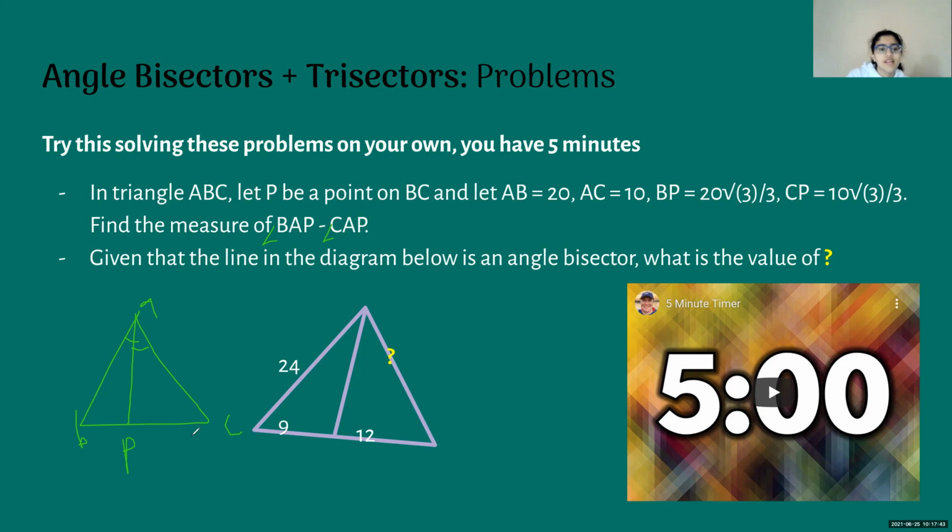I'm going to assume that means that I should just explain it again. So it's AB over BP is equal to AC over CP, right? So find the measure of BAP minus CAP if we were given this, right?